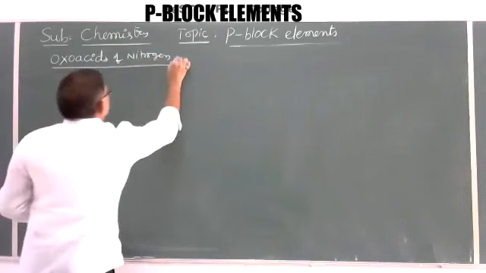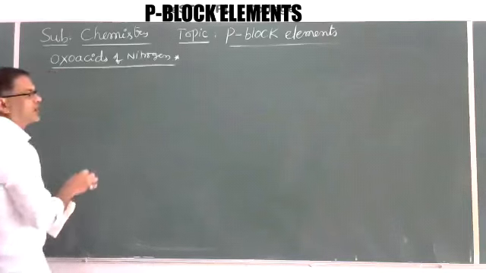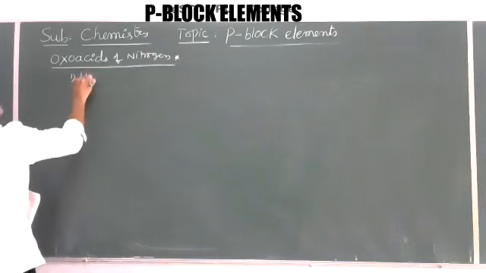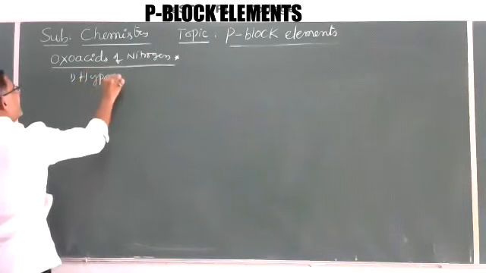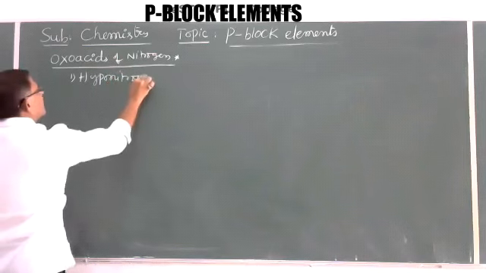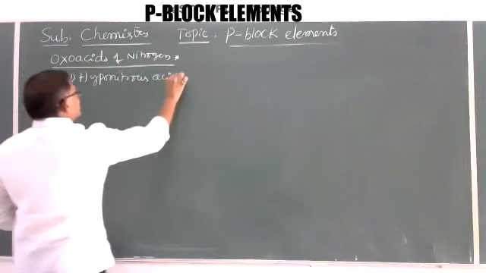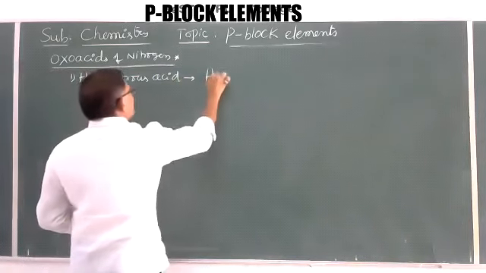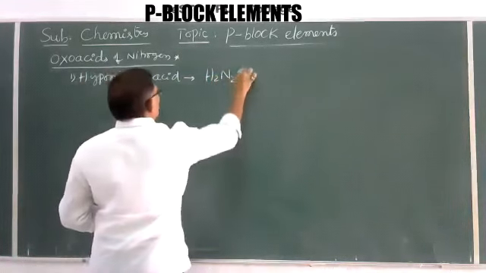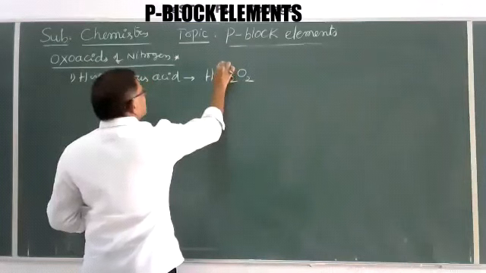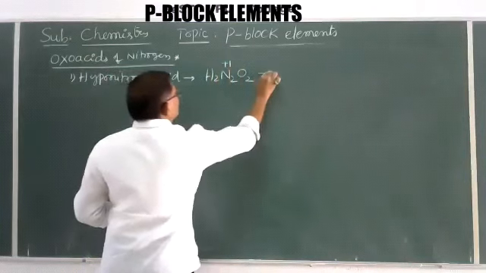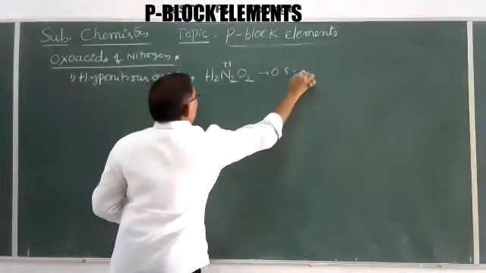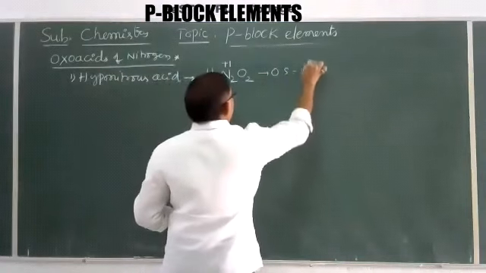Here 3 important oxoacids are there. One is hyponitrous acid. Formula is H2N2O2. Here the oxidation state of nitrogen is +1.